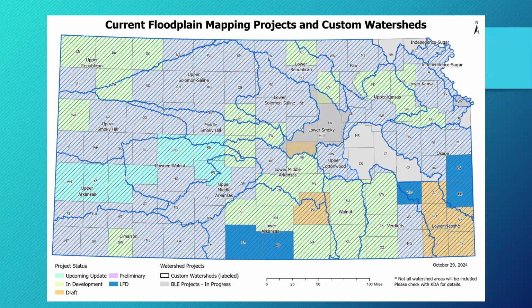But we have ongoing work across the state to update floodplain maps or provide those who have not had floodplain maps with them. We also have statewide base level engineering. So it's a very rough stage, but it's the first stage of getting a floodplain map.